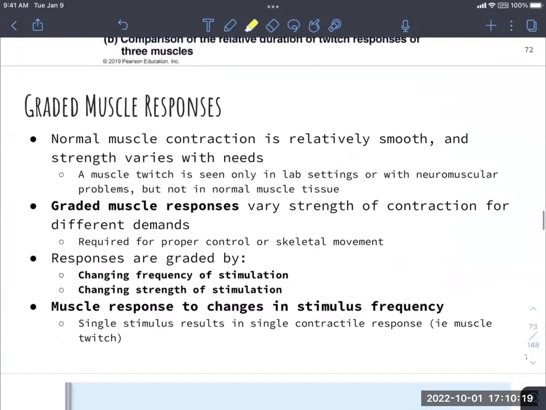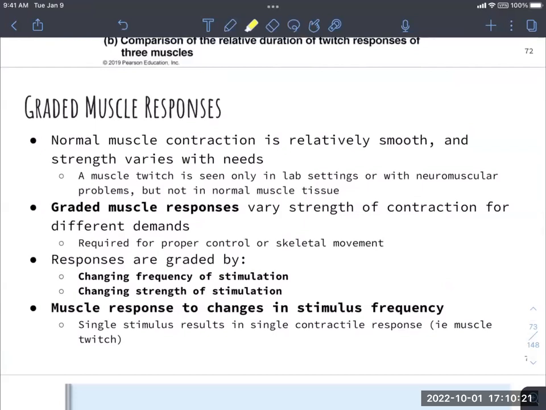So our muscles have a graded response. What that means is not all of your muscles are contracting at the same time. That would cause a lot of fatigue really fast.